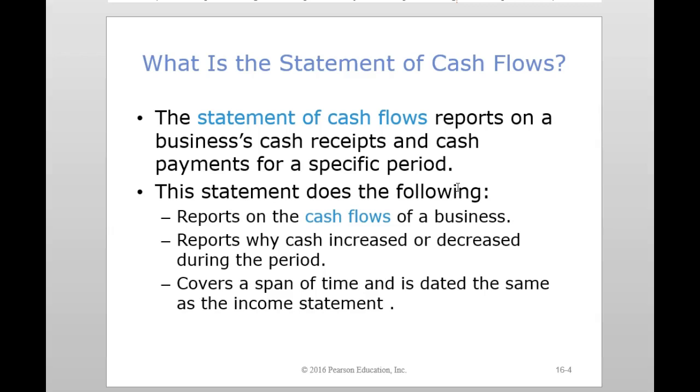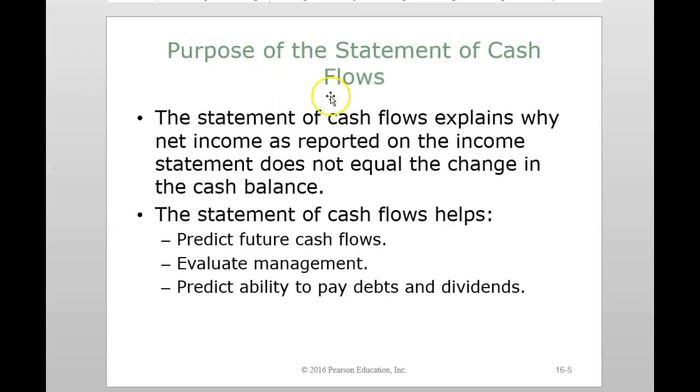So it covers the same span of time as an income statement and is actually complementary. Many investors go to the cash flow before they go to the income statement. That's how much it tells you about a company. Let's see, it says, this explains why net income as reported on the income statement does not equal the change in the cash balance.